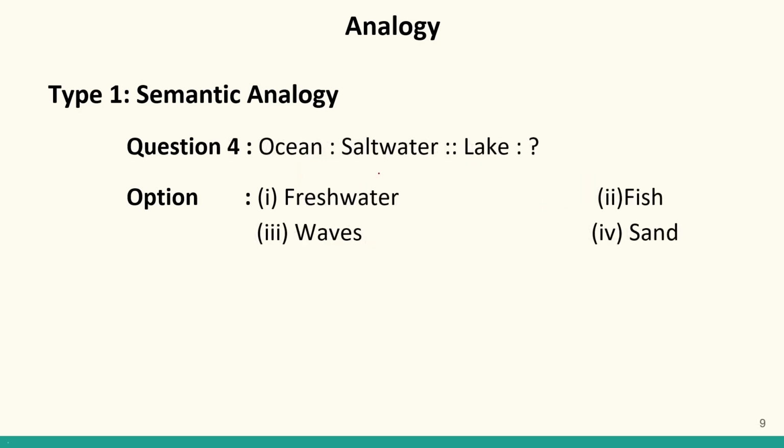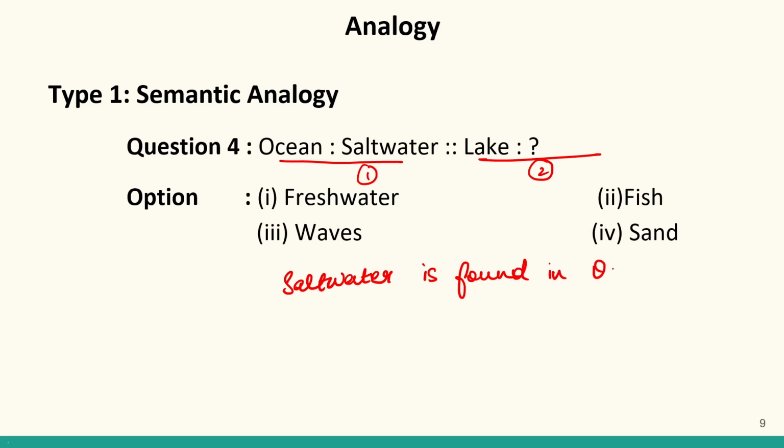Now, ocean is to salt water, lake is to what? This is the first pair and we have to complete the second pair, right? So ocean is to salt water. I can say that salt water is found in the ocean, right? The ocean is made up of salt water.